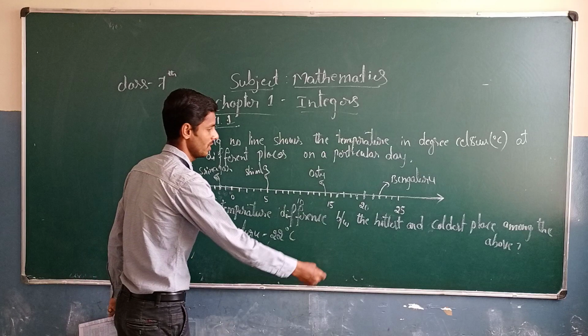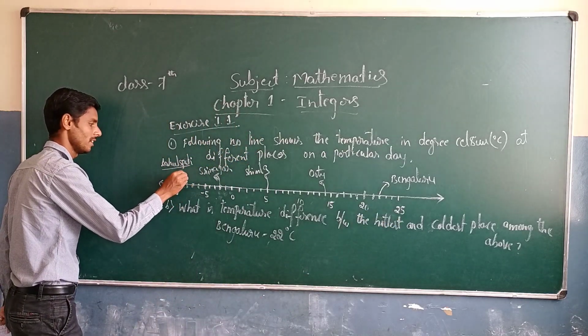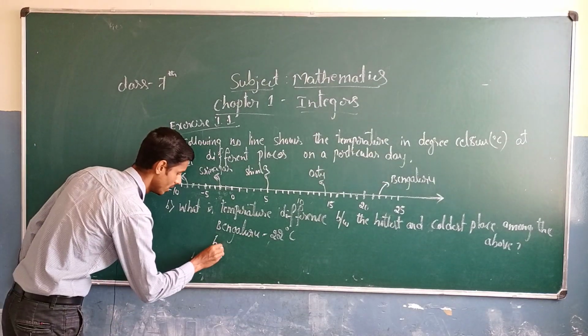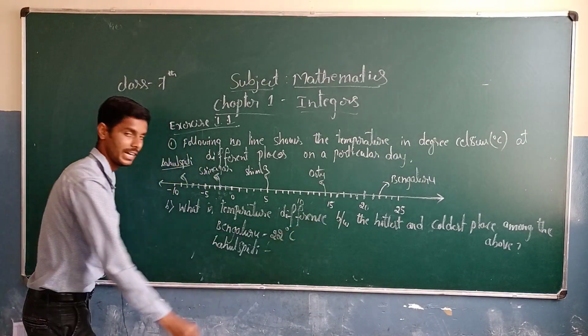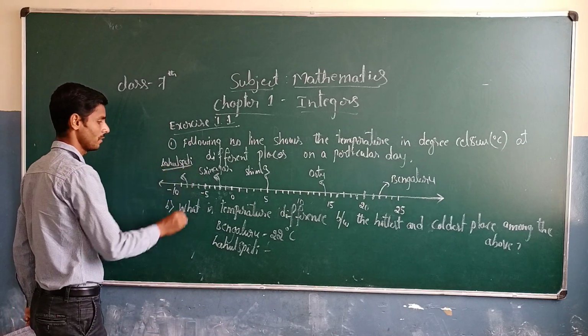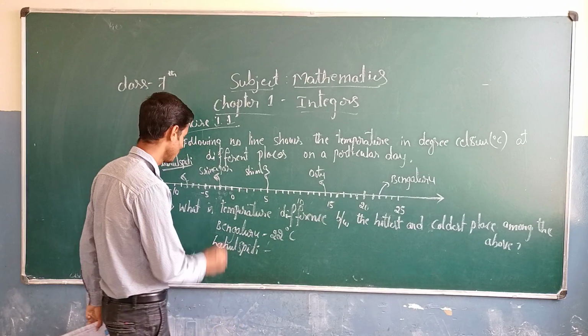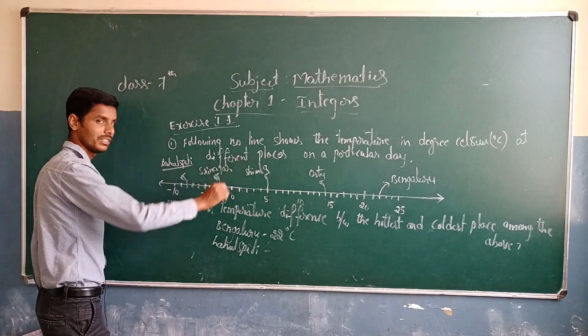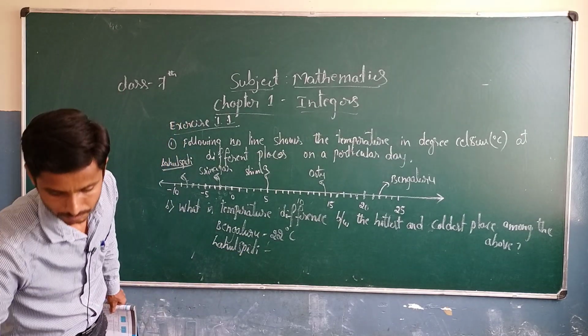So which is the coldest place? The coldest place is Lahaul Spiti. Lahaul Spiti is the coldest place among these places marked in the number line. So what is the temperature of Lahaul Spiti?